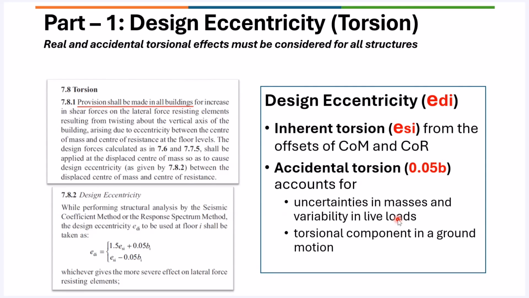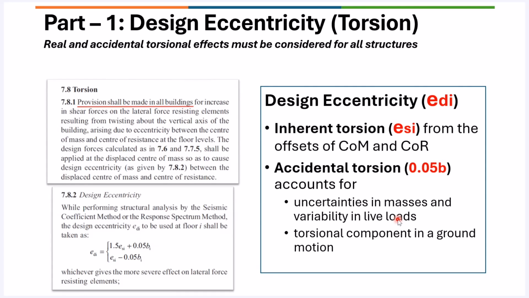It could be for various reasons, primarily the masses and the stiffness do not coincide because of the configuration of the building itself, and then support conditions, etc. Now, this is inherent torsion. It is always there in the structure. You'll have to consider this.